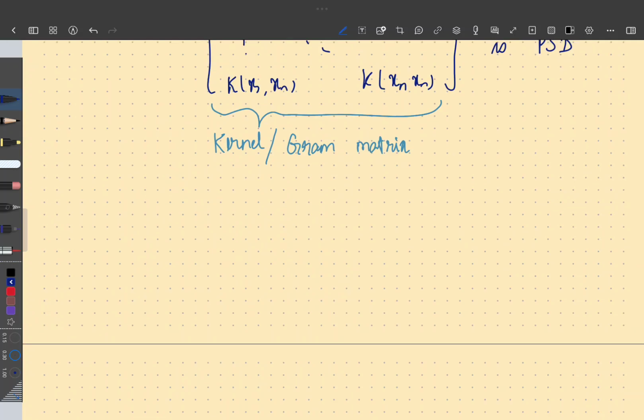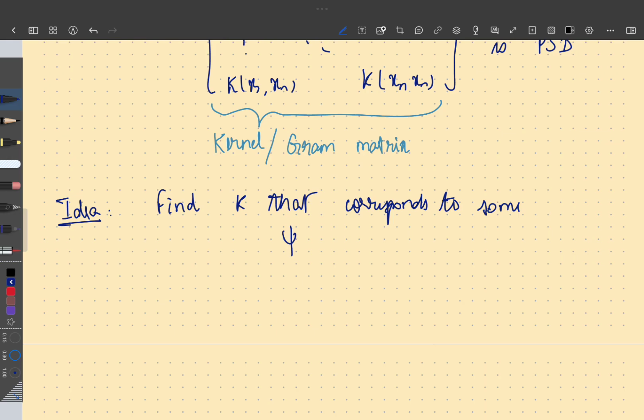So basically the idea behind kernel methods is to find a K that corresponds to some embedding from x to x prime, such that K can be computed efficiently, even if I can't compute psi efficiently.